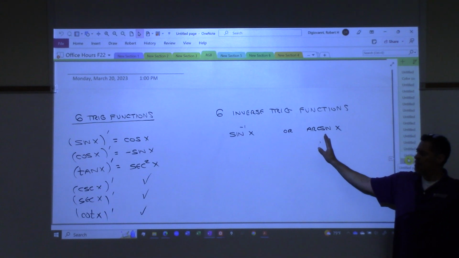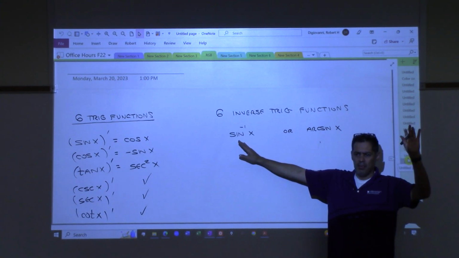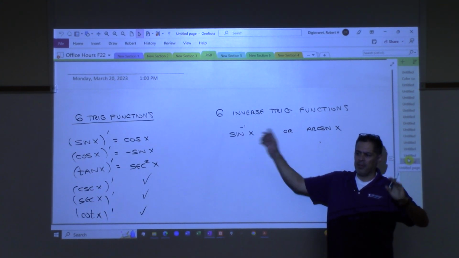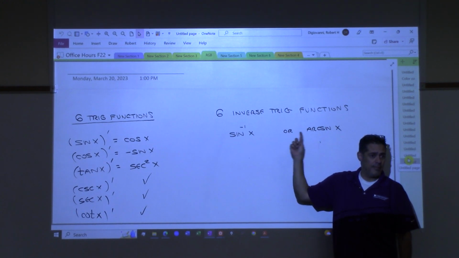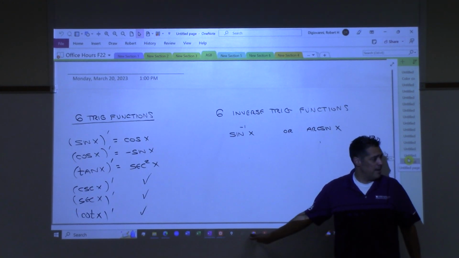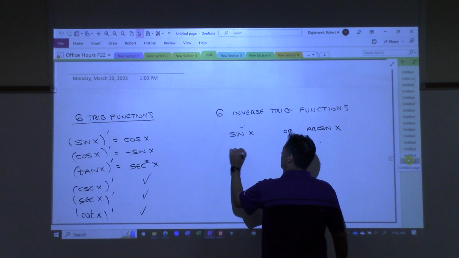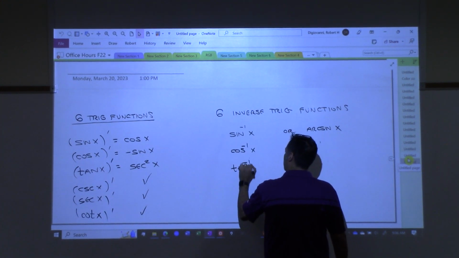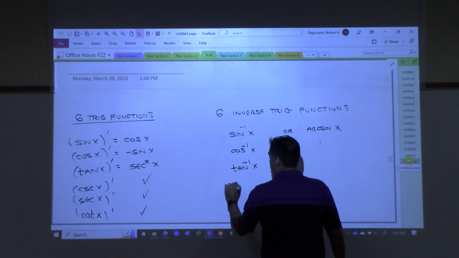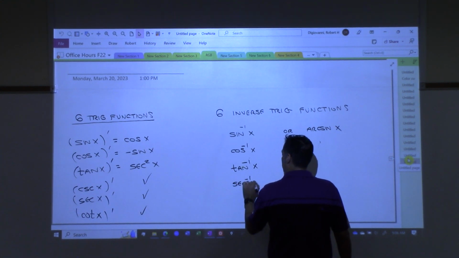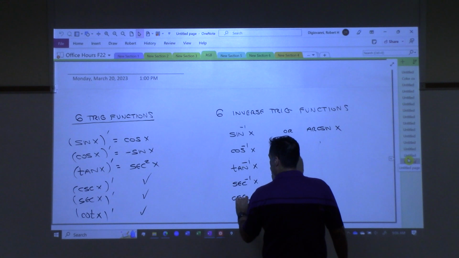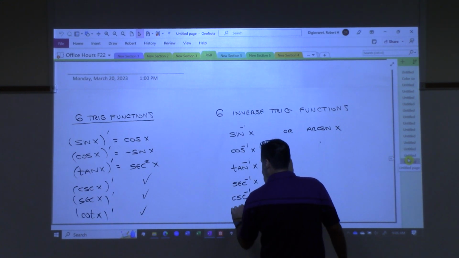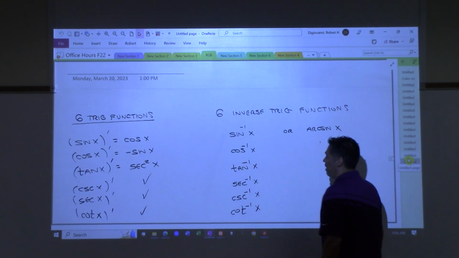How about this one? Most learned it this way, but these mean exactly the same thing. There's inverse cosine, inverse tangent, inverse secant, inverse cosecant, in no particular order, I'm just putting all 6 down.